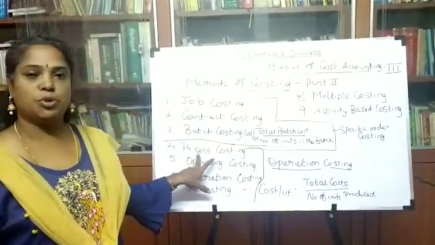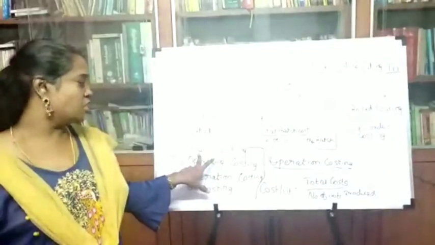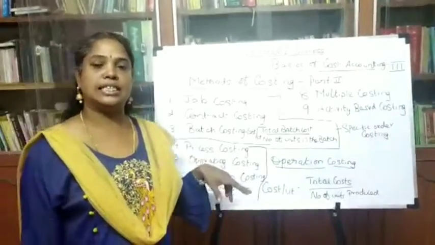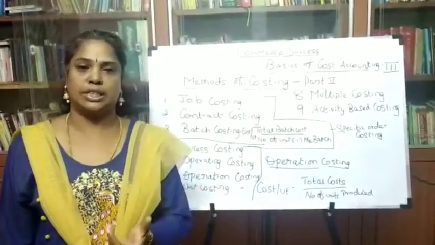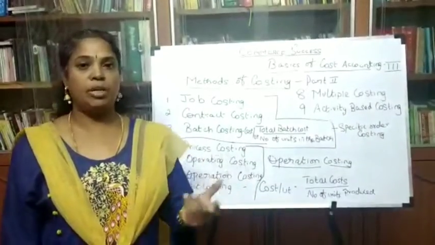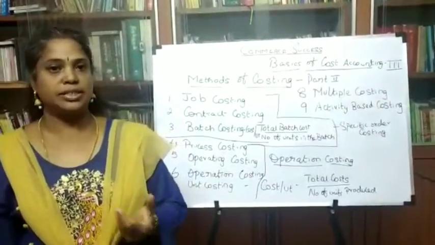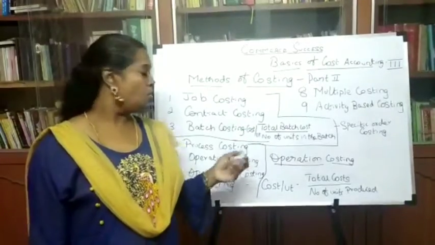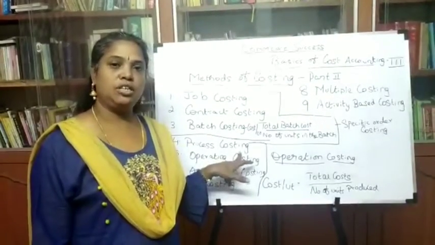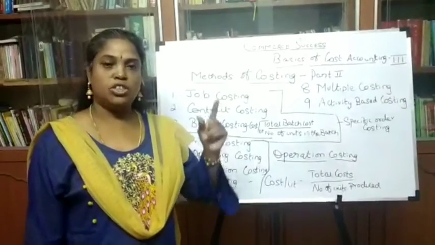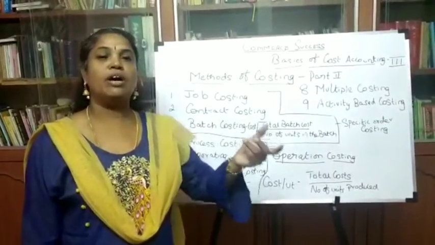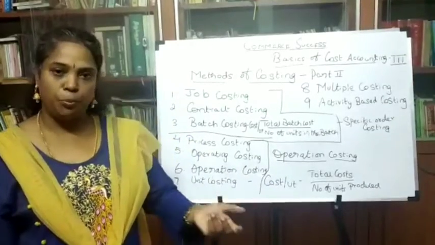First we will see what is process costing. Process costing is normally applied in those industries where the finished product is coming through a lot of processes. Several processes will be there before the final product is manufactured. So, for example, you start with process 1, you have 100 units of input.